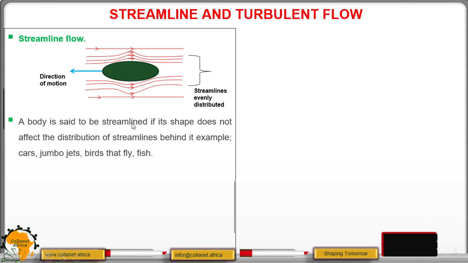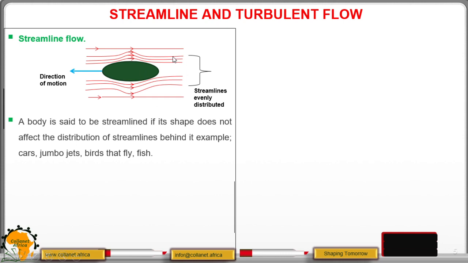A body is said to be streamlined if its shape does not affect the distribution of streamlines behind it. As you can see, as this body moves from this side toward this side, this is the direction of motion, the streamlines behind this body are not affected at all.